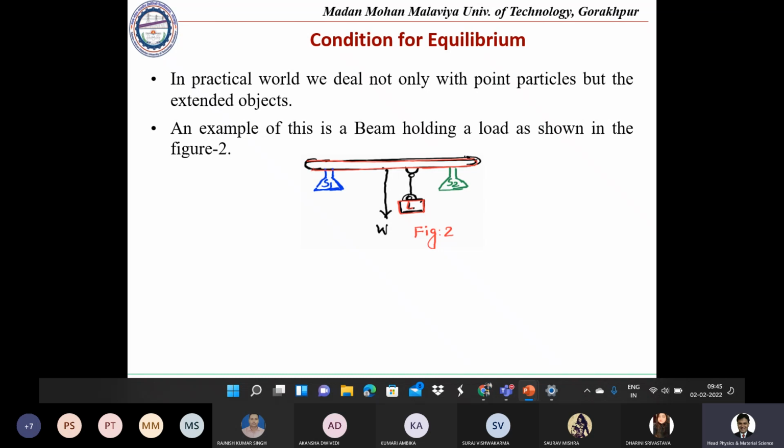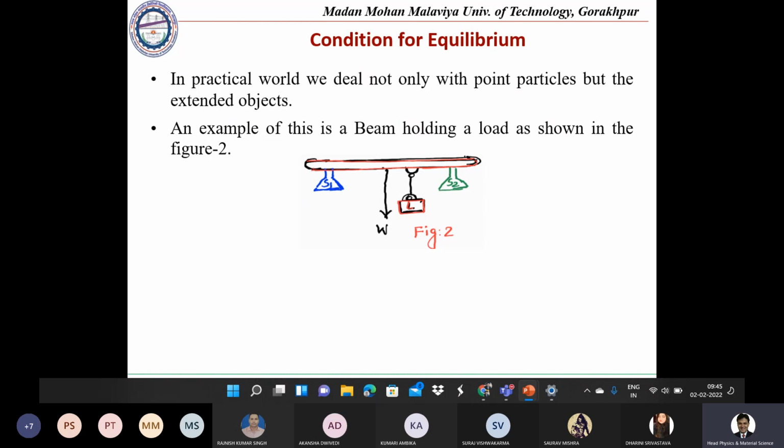So obviously some action will be there at the point S1, and some at S2. A load has been applied on this rod, that is L, and W is the weight of the rod itself.